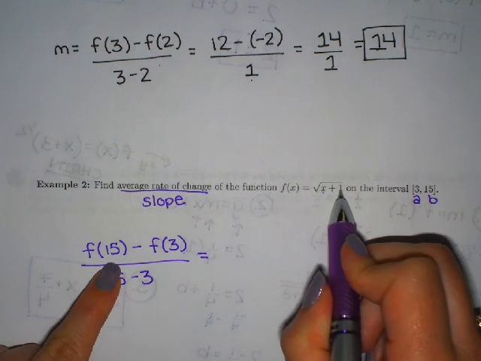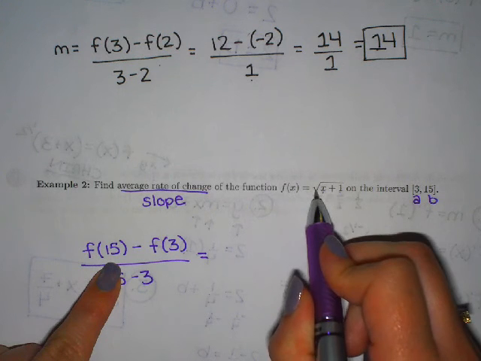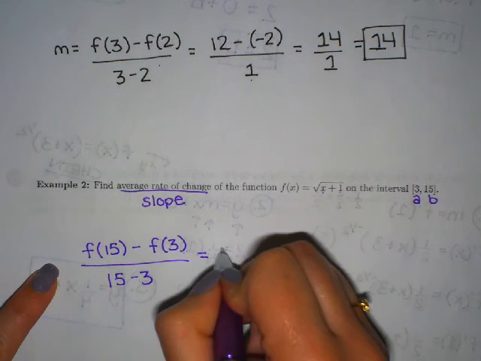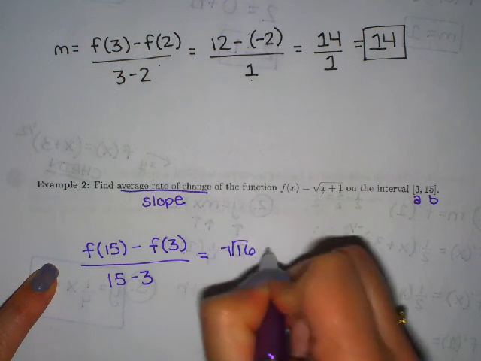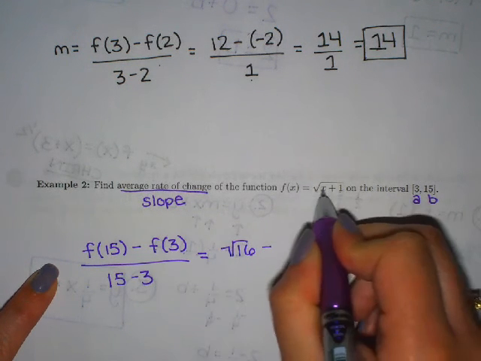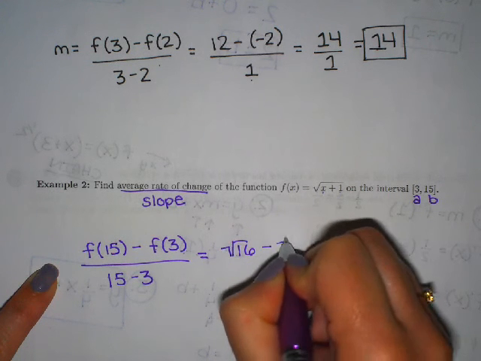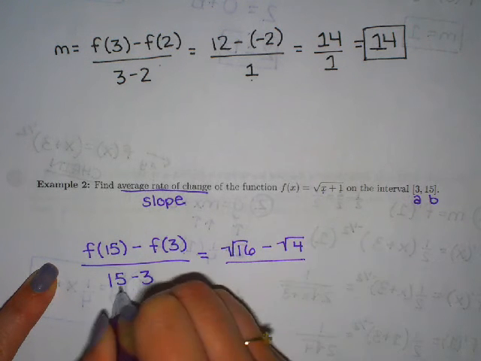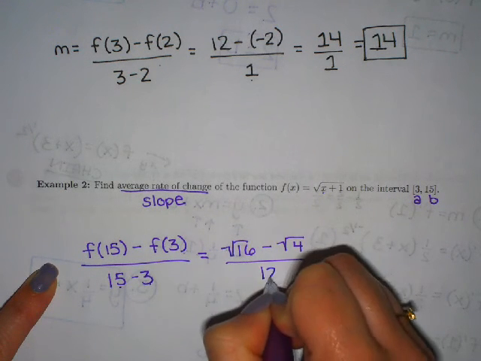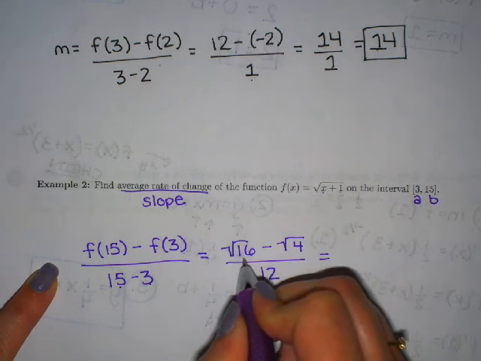So you could grab your calculator if you want to. 15 plus 1 is 16, and then we're going to take the square root of it. So the square root of 16 is what we're going to have for this first one, minus plugging in 3. 3 plus 1 is 4, so it would be the square root of 4. Over 15 minus 3 is 12.